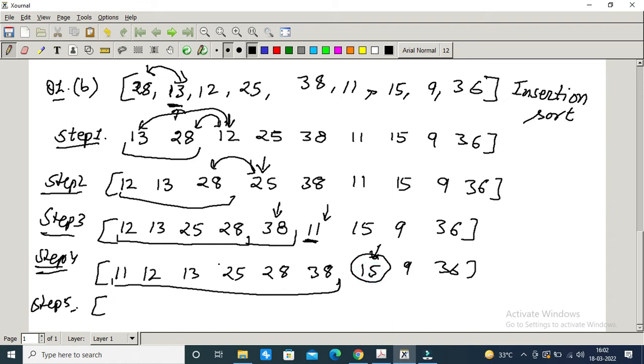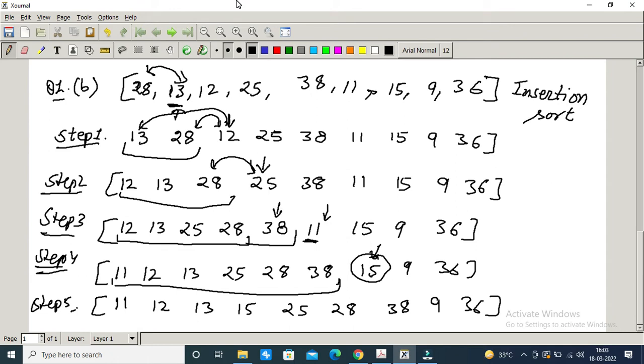The proper place will be here, because it is less than 38, less than 28, and less than 25, but greater than 13. So we will write 11, 12, 13, 15, 25, 28, 38, 9 and 36, right?